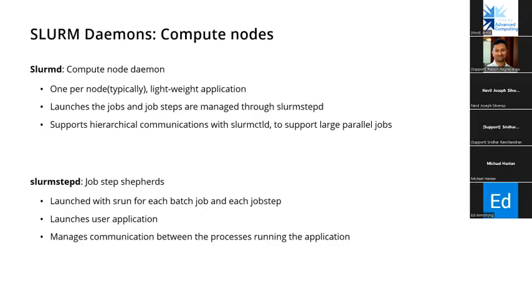If you have a large parallel job, slurmd supports hierarchical communication, in the sense that a slurmd can communicate with the slurmds on other compute nodes in a fan-out pattern, instead of going to the central daemon that we have on the management node.